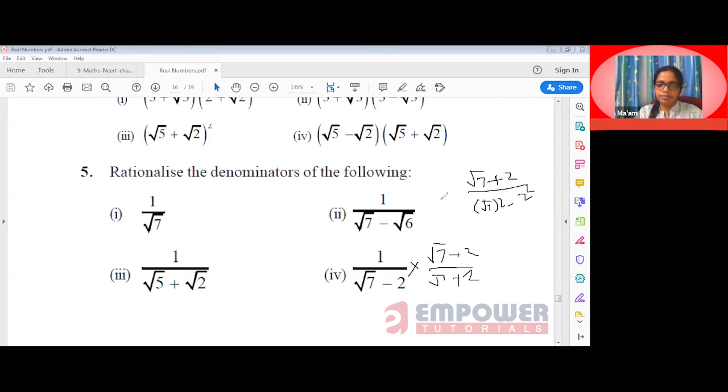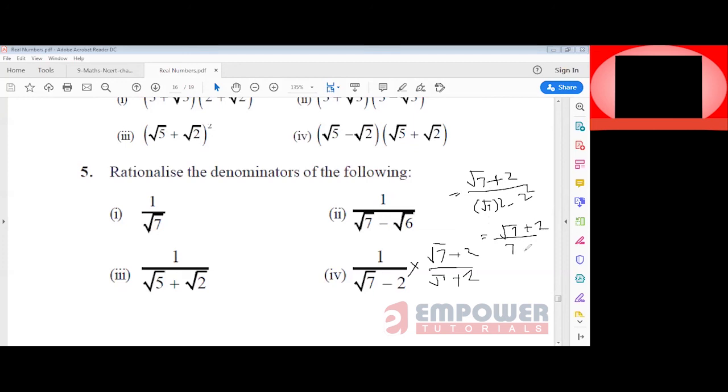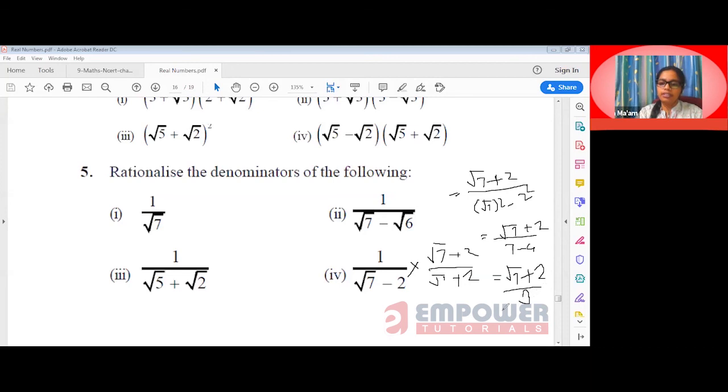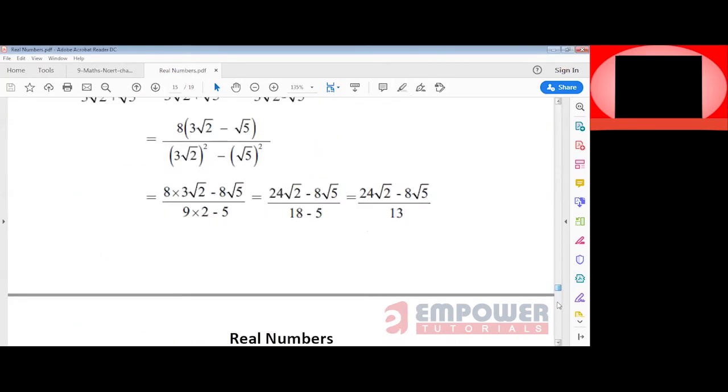Next, in the denominator the root sign will go and root 7 square will become 7, and 2 square will be 4. So 7 minus 4 is 3. Then root 7 plus 2 upon 3. Yes, so this will be your final answer. The answer of this will be root 7 plus 2 upon 3. I hope everyone has understood everything.